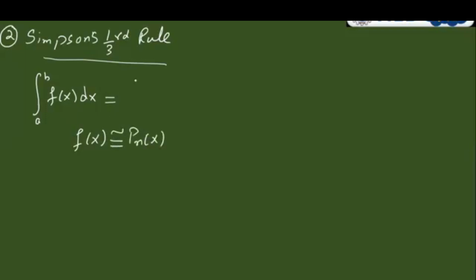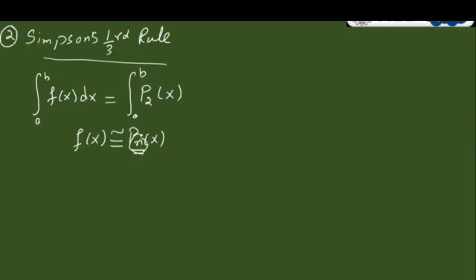Theme will be the same. So in Simpson 1/3 rule, we will replace our integrand for the same length of integration by a polynomial of suitable degree, and in this case the suitable degree is degree 2. The theme is that you have to replace your integrand by a polynomial of suitable degree.